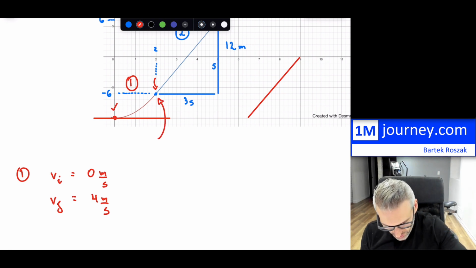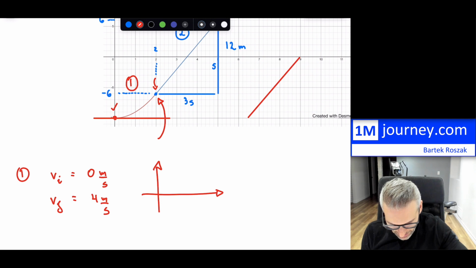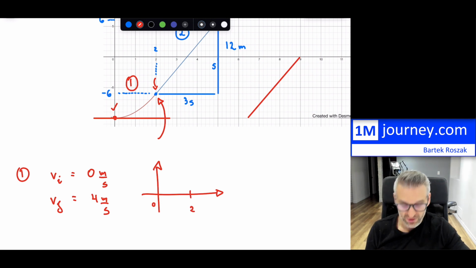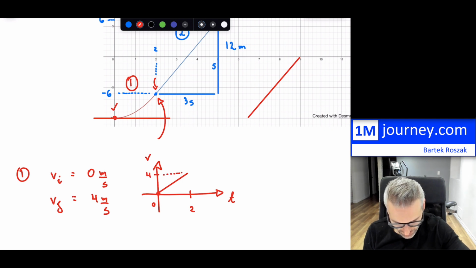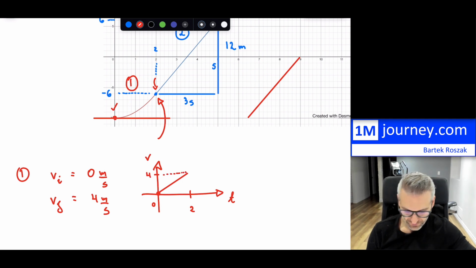So how would this look on a graph? If you were plotting this out, between 0 and 2 seconds, now this is only sketching, I'm going to combine it at the end. This just means you started from 0, and then you're going to have a straight line on your velocity-time graph, and this is 4, so it's going to get all the way up to 4 right there.